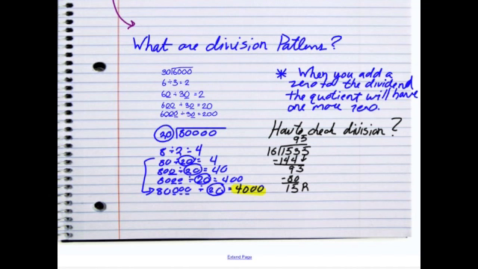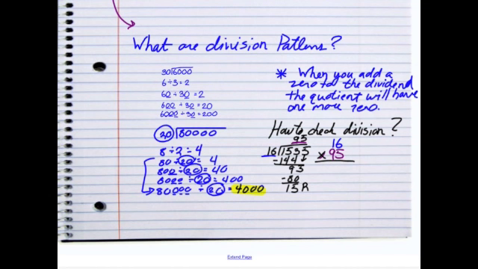So let's work backwards. First, I need to start by identifying the pieces here. 16 divided into 1,535 equaled 95, remainder 15. So what I should be able to start with is 16 times 95, and that should get me somewhere close to my 1,535.